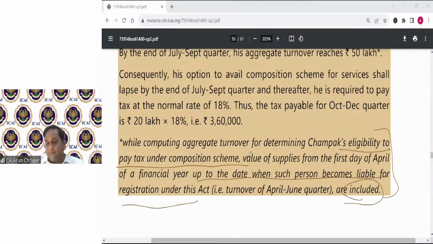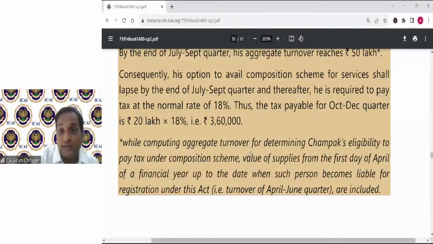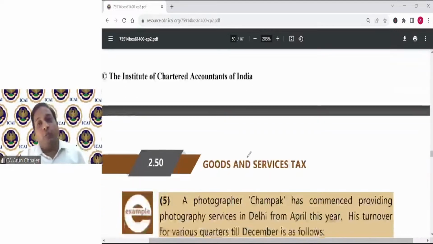So, now see this question. In this question, when he has taken the registration in the current financial year after 20 lakhs, he has taken the registration. It is a very good question, I hope. This question will give the clarity on both the explanation.